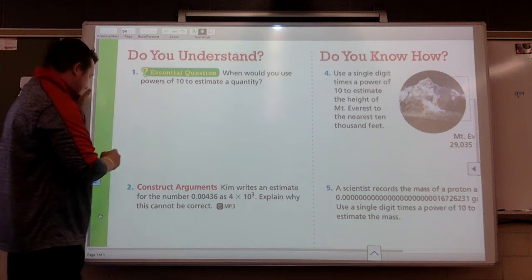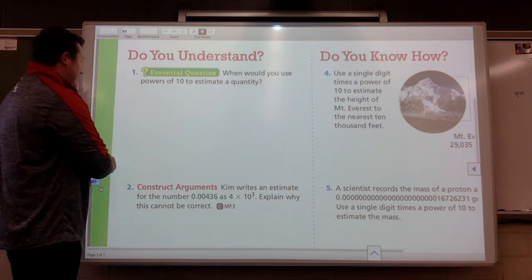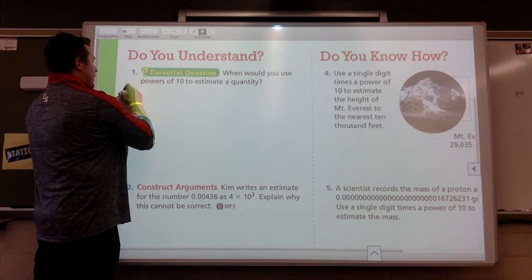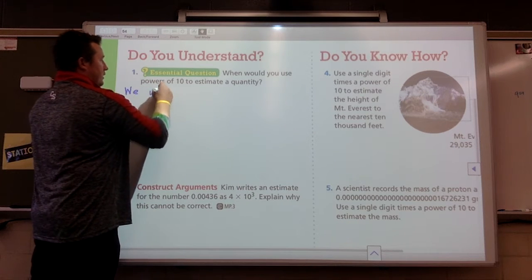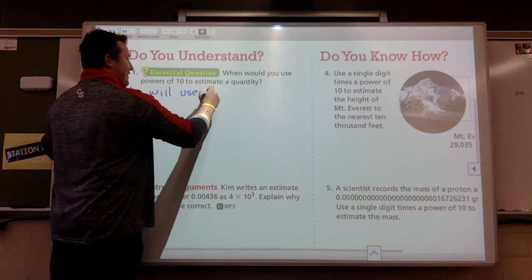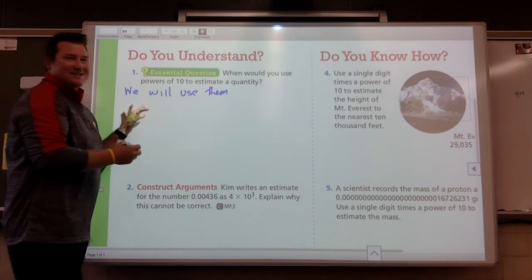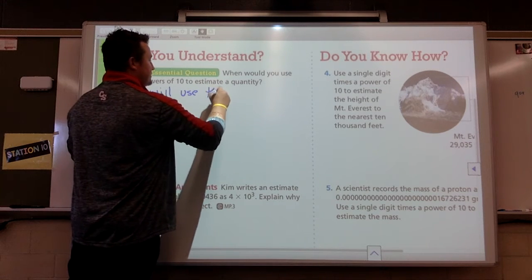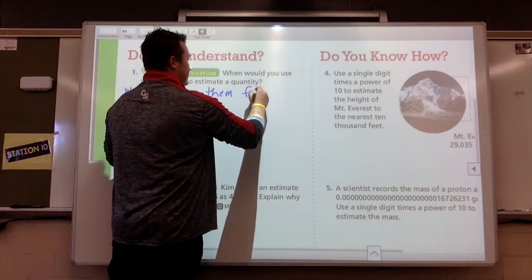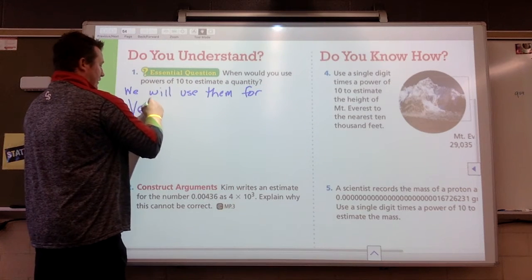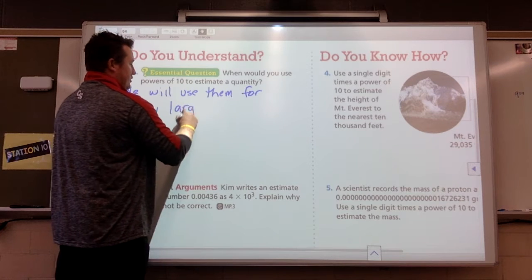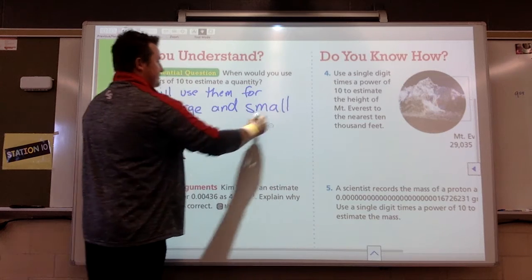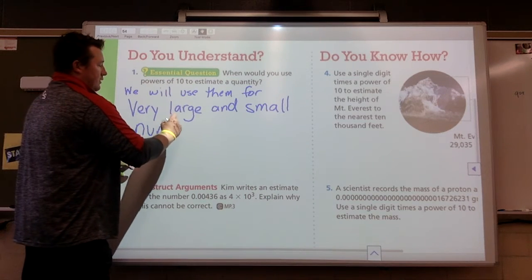When would you use a power of 10 to estimate a quantity? Well, think about all those different kinds of numbers we had. I would just say we will use them for very large and small numbers.